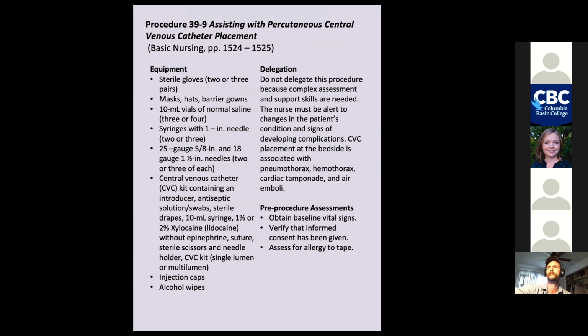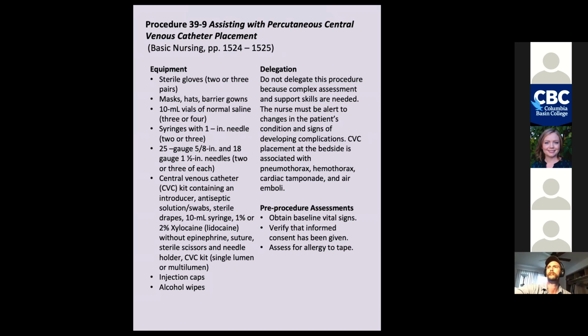So I pulled the information for the nurse's role from our textbook, Basic Nursing, on pages 1524 to 1525. They list the equipment needed that we would gather before the procedure. The list is there: sterile gloves, mask, hat, barrier gowns.